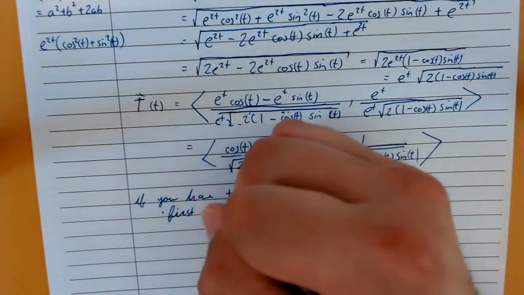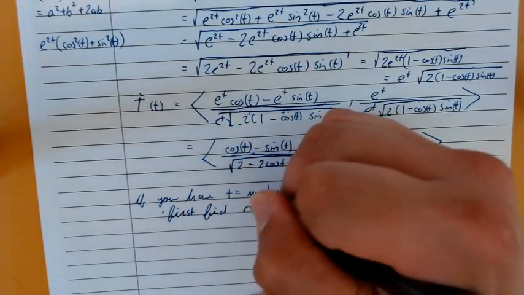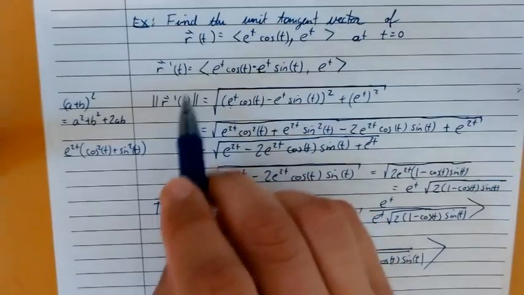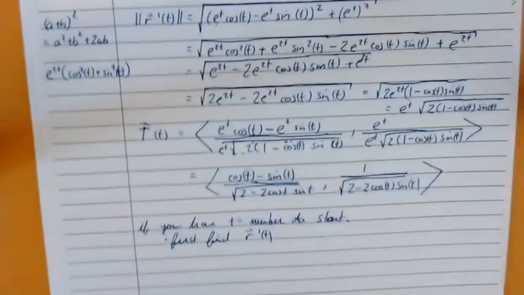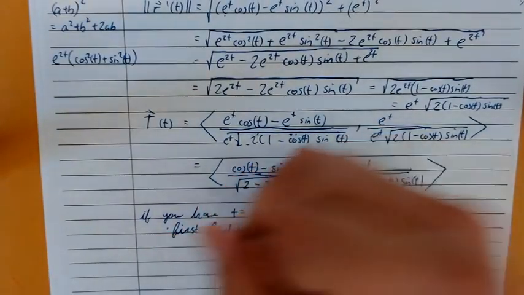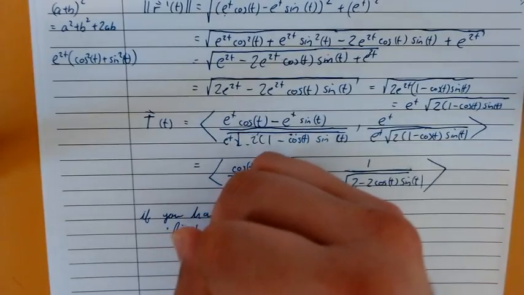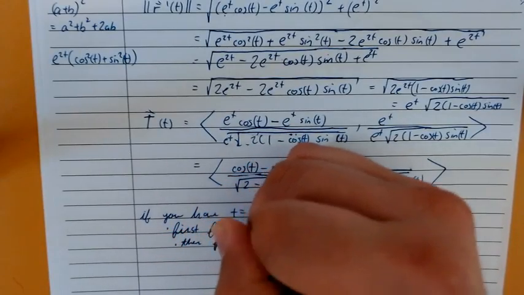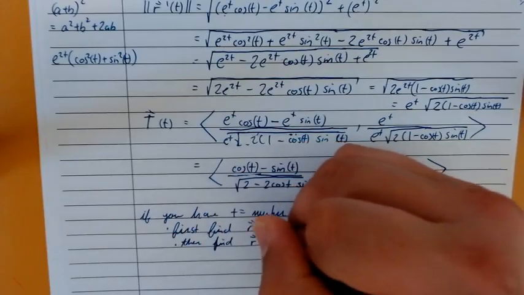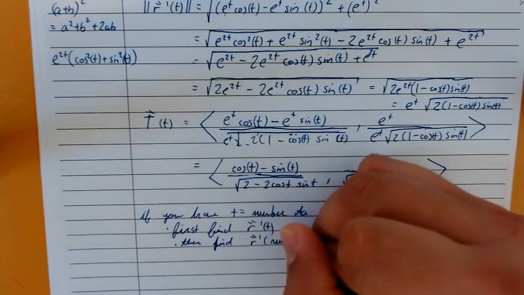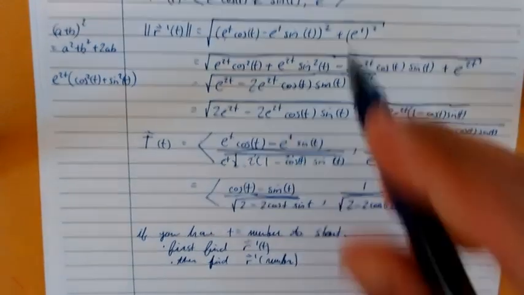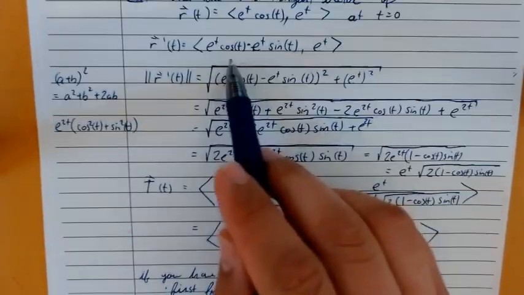First, find r prime of t. So just like we did up here, that very first step. But now, go ahead and find r prime of your number. In this case, r prime of 0. Okay, so in this case, I would just plug in 0 to all these numbers.